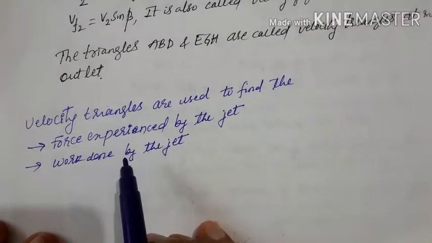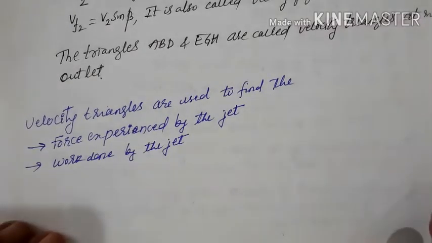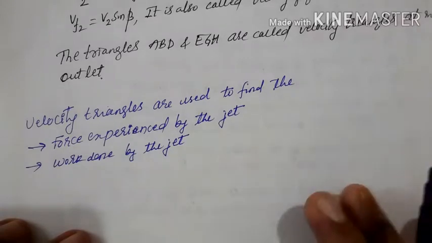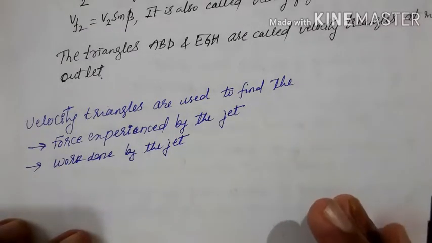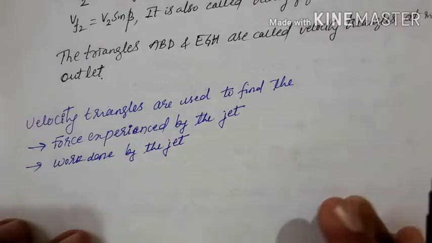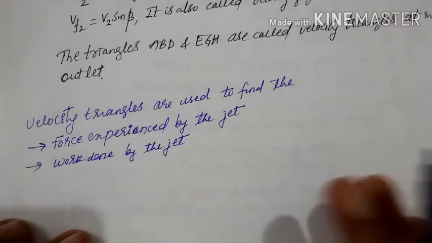So the construction of the velocity triangle is very important here. Typically it consists of absolute velocity, vane velocity and relative velocity. Once we construct with these three components, next will be the resolution. You have to resolve the absolute velocity at inlet as well as at outlet, then you will get the components.